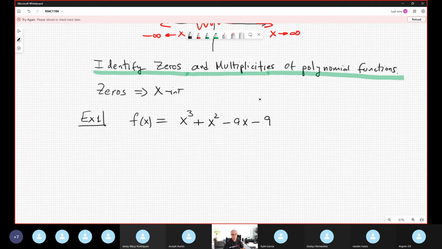This polynomial is given. Question number 1: what is the degree of this polynomial? 3. It's 3, the highest. What is the end behavior expression of f of x?